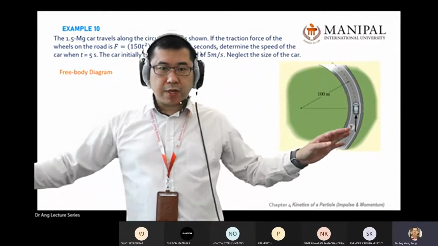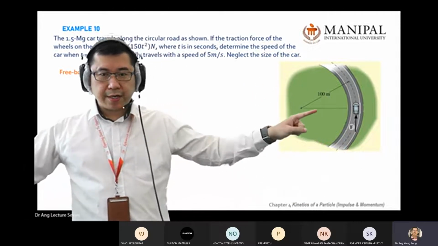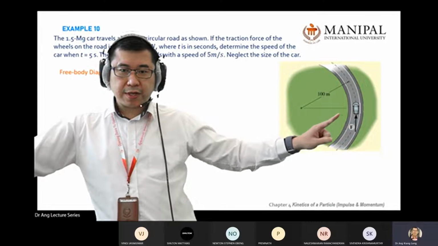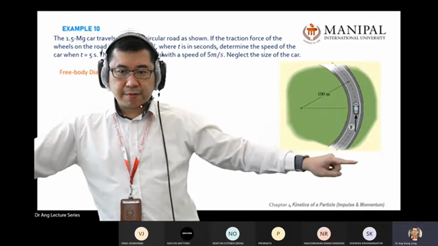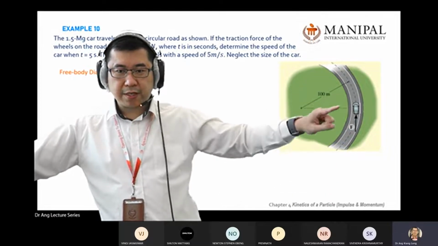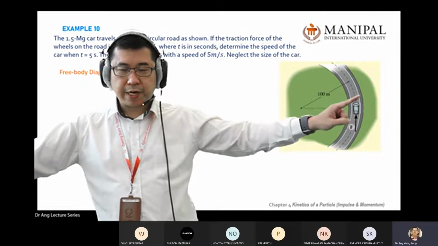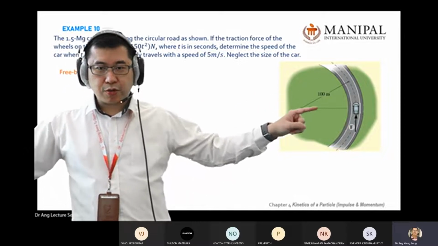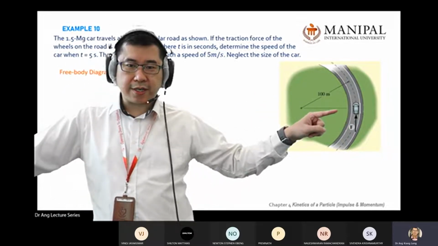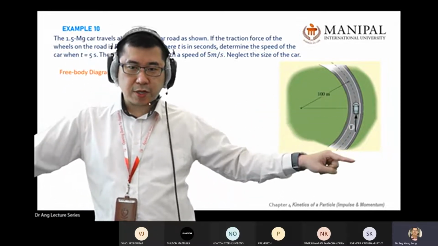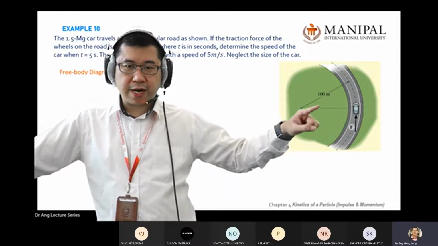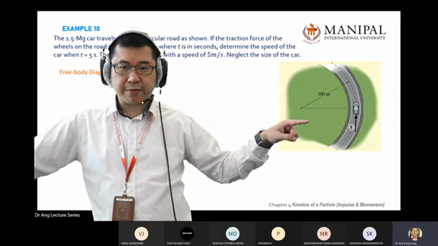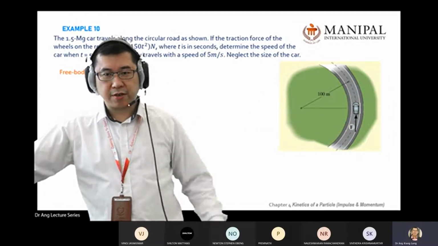So what you have here is example number 10. You have a car moving along a curve shape. When you move in a curve shape, expect that in the free body diagram later, you need to draw the normal and tangent directions. Every time you look at a question, if it gives you a round path, the next step in your free body diagram, remember to put in the tangent and normal axes.